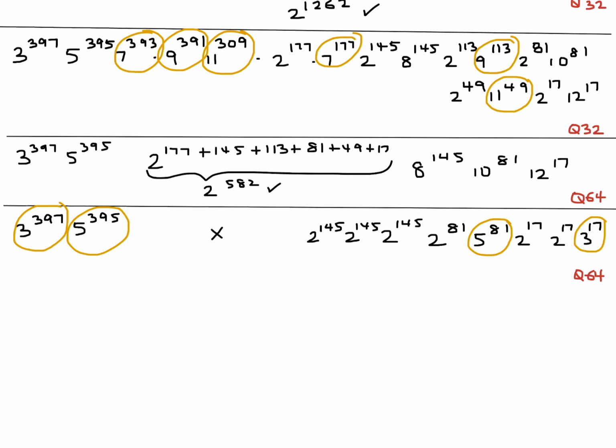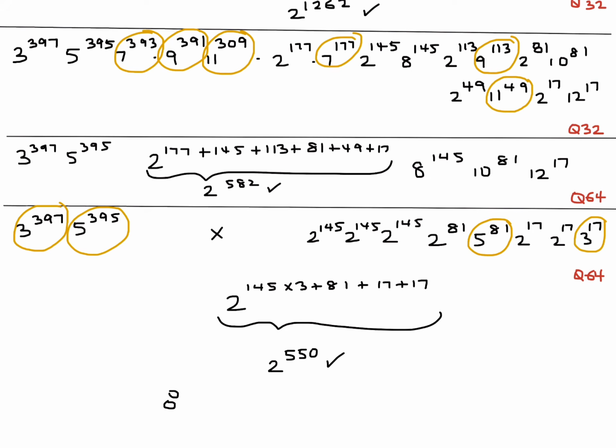So all we're left with is just a whole bunch of 2's. 2 to the 145 times 3 plus 81 plus 17 plus 17. And that is 2 to the power of 550, which is an even number. So we have proven all are perfect squares. And therefore the entire expression is a perfect square.